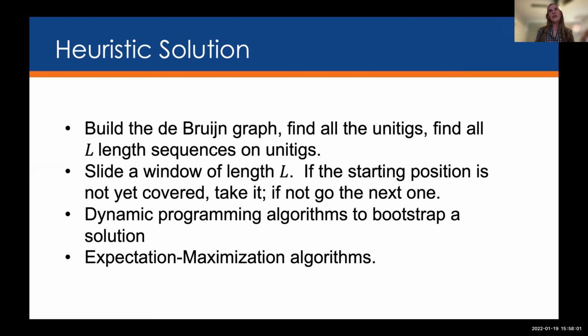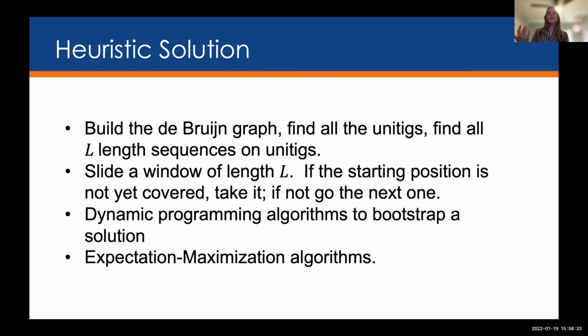We don't have any guarantee, but we could use the output of the dynamic programming to bootstrap another heuristic solution. We also considered expectation maximization algorithms. There were a number of different ideas that we tried. Not saying that none of these possibilities could work, but we tried a slightly different direction.